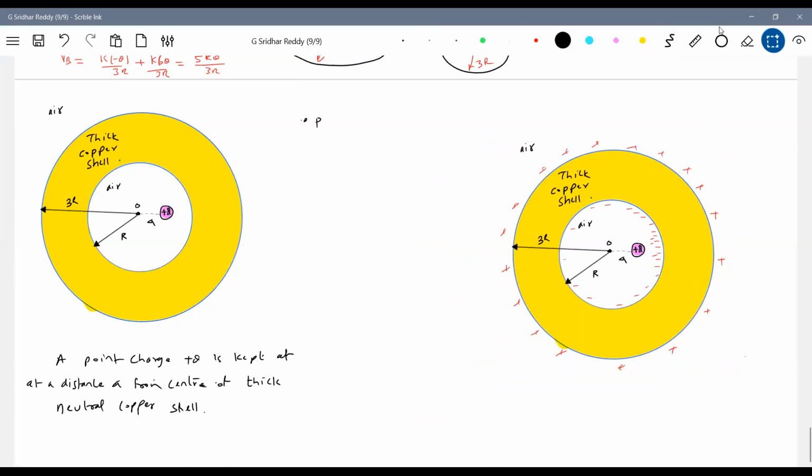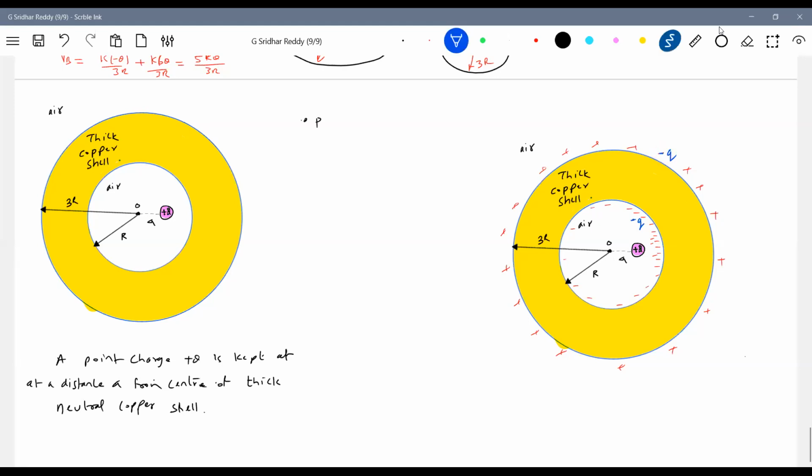How much is the net charge? On the inner surface it should be minus Q, and the net charge on the outer surface should be plus Q. Why not minus Q here and plus 2Q? It's neutral, and in electrostatic induction net charge should be conserved. So minus Q plus Q is 0, and it is still electrically neutral.